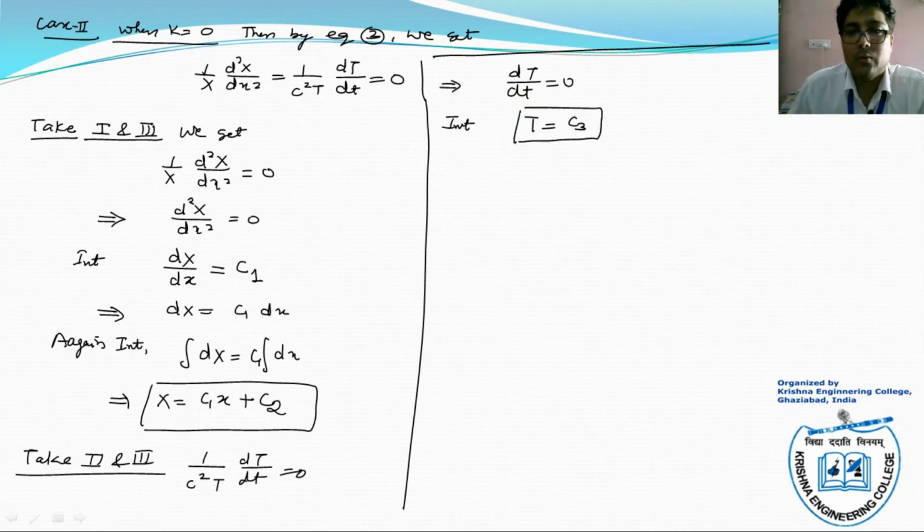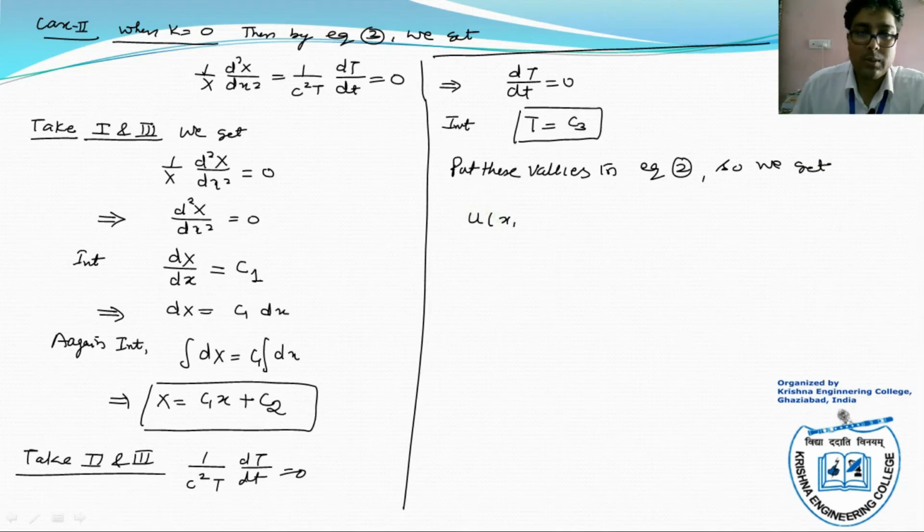Now put these values in equation second. So we get u of x, t is equal to c1x plus c2 and c3.